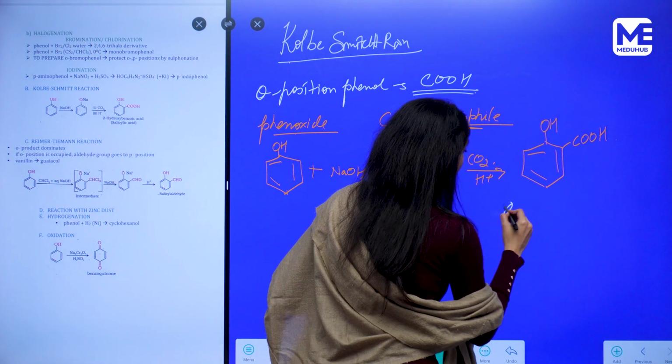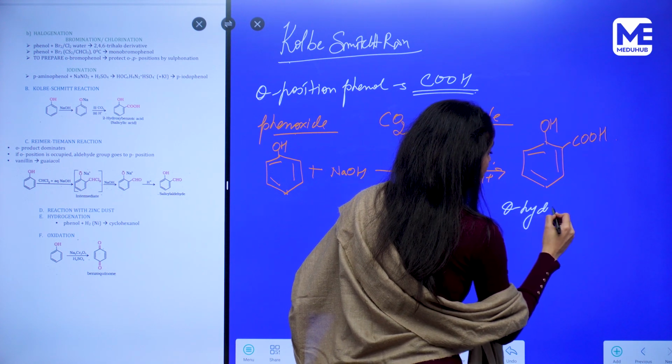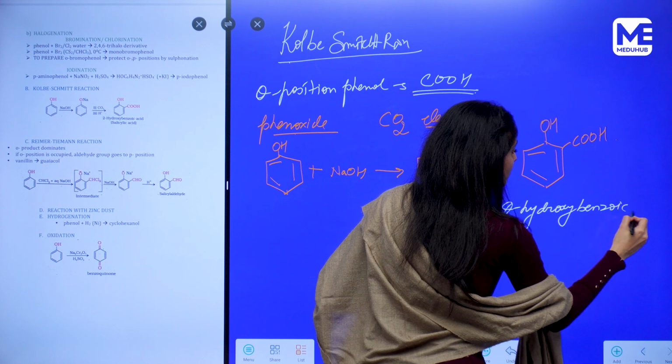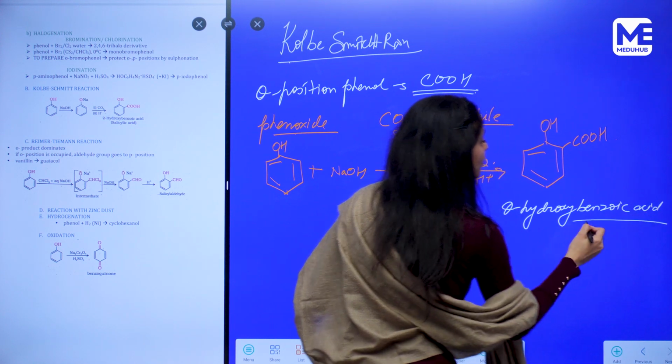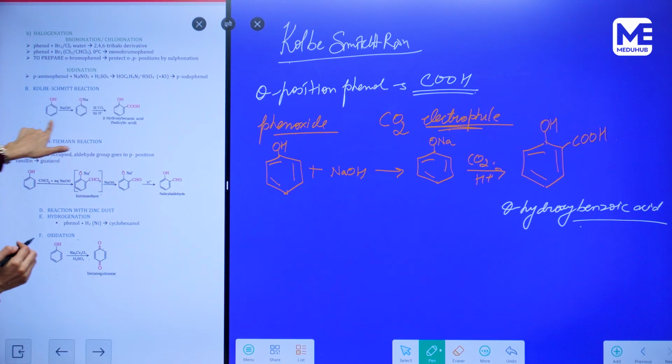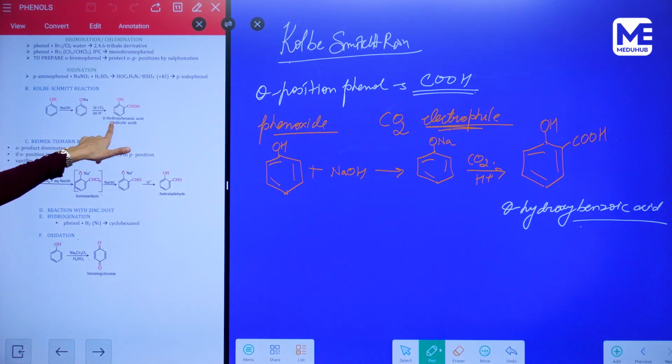This is ortho-hydroxy benzoic acid, or it is also called salicylic acid. This is the reaction: 2-hydroxybenzoic acid or salicylic acid.